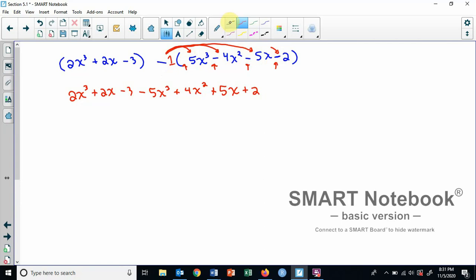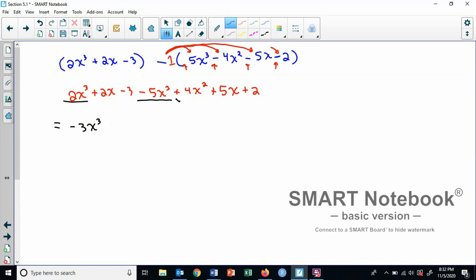Now I just combine my like terms. So adding and subtracting together, there's not really a difference besides making sure you distribute the subtraction. So 2x to the third has a like term with a minus 5x to the third. That would be negative 3x to the third. So 2 minus 5 is negative 3. And I leave the x to the third alone. Let's look for an x squared.